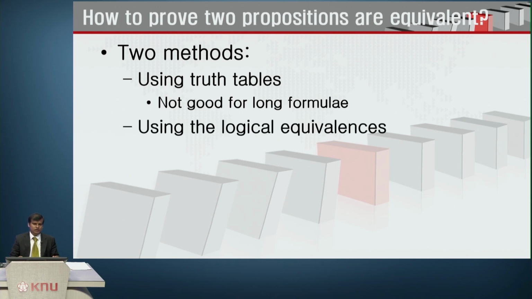Or you can use the logical equivalence. Some of the laws are very important, and these laws can be used for solving some of the logical expressions. That's one of the preferred methods. So as we go on, I will show you some examples on how we can prove using a truth table as well as using logical equivalence.